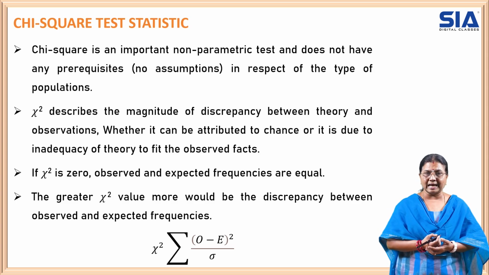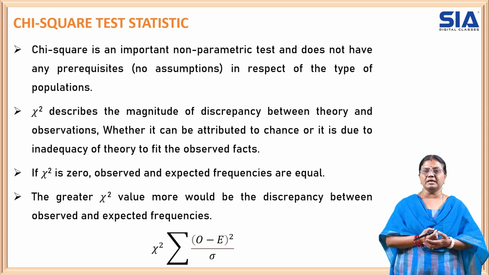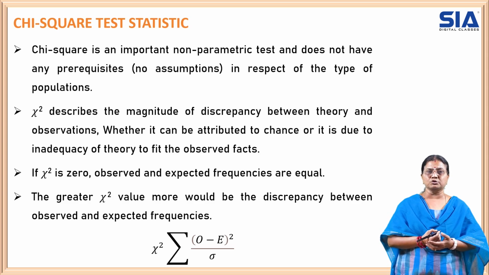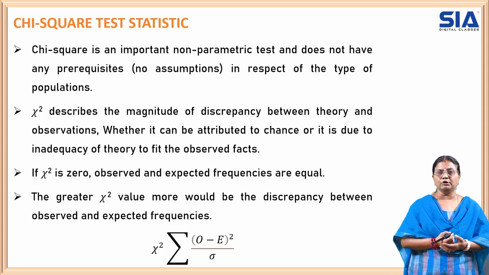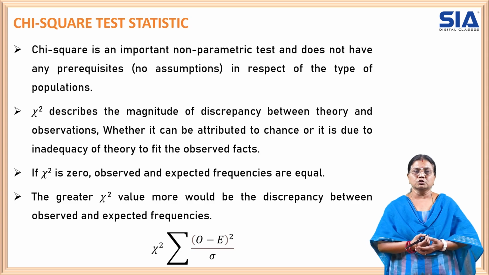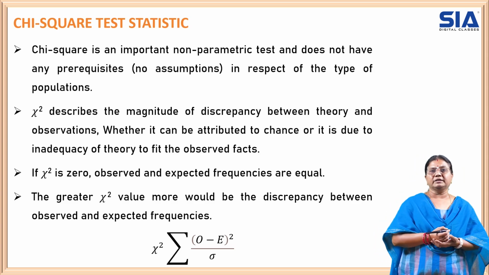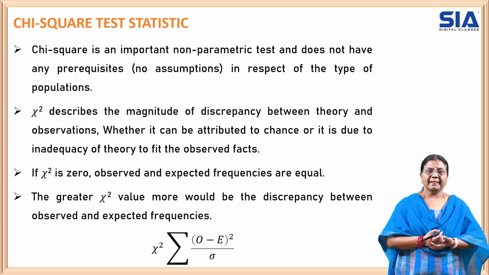Chi-square describes the magnitude of discrepancy between theory and observations, whether it can be attributed to chance or is due to inadequacy of the theory to fit the observed facts. So here we try to see the discrepancy between the theory and the observations. If chi-square is 0, observed and expected frequencies are equal.